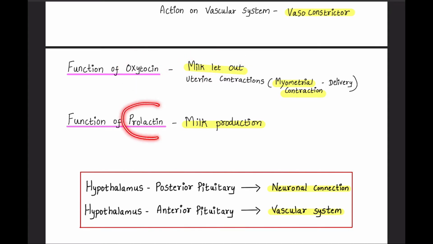The function of prolactin is only milk production and not let out. So basically both of them depend on one another, and oxytocin has two functions. One is milk let out and another one is uterine contraction. Uterine contractions during delivery time, that is myometrial contraction. This oxytocin helps in the contraction of your uterine muscles during delivery.